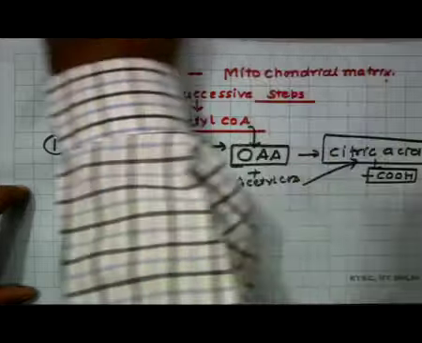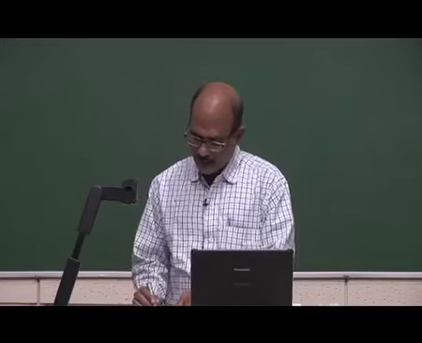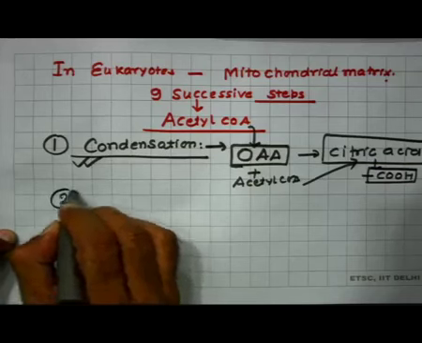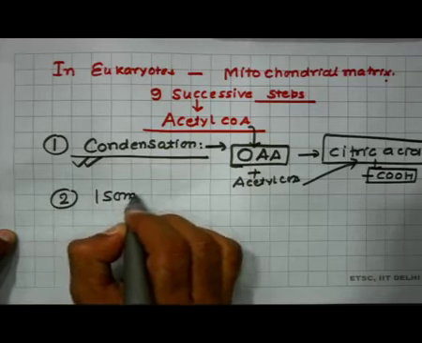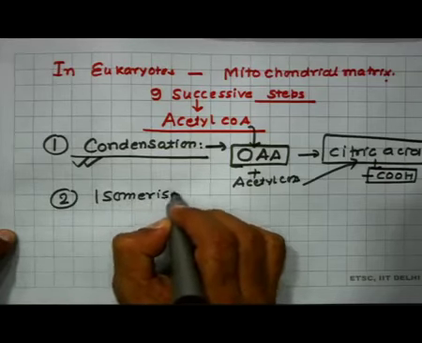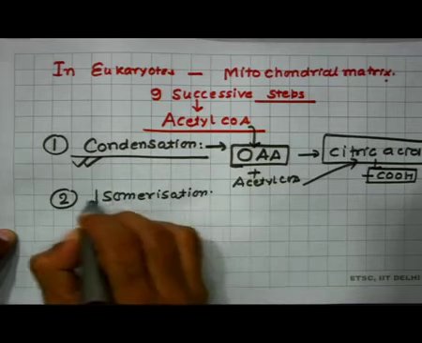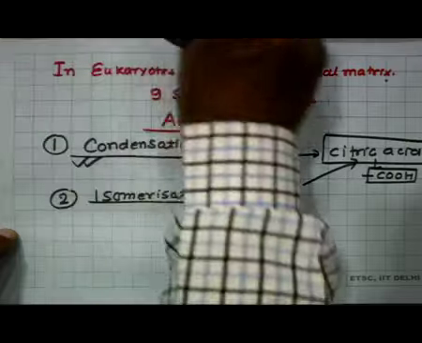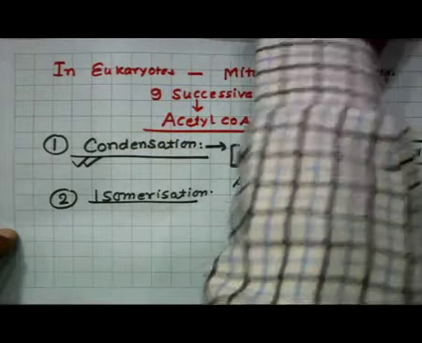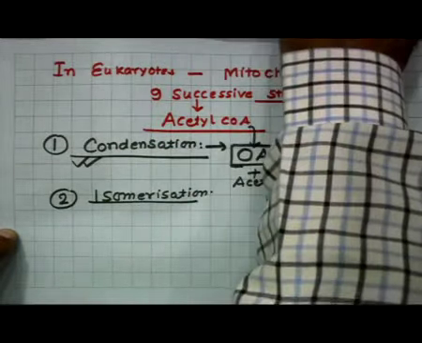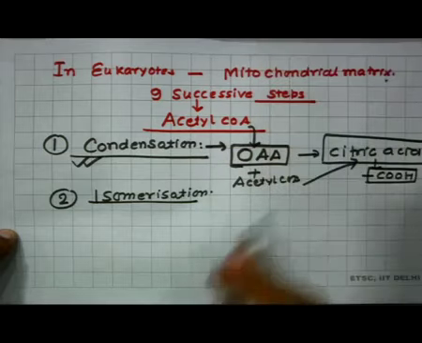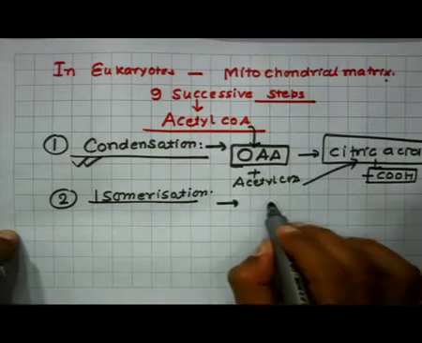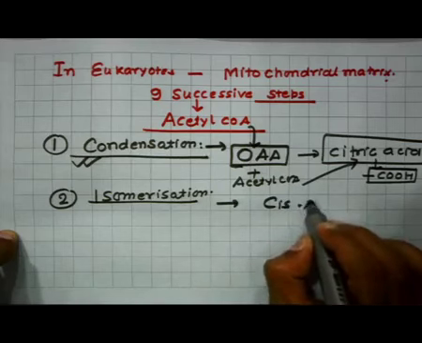Now, the second step in the Krebs cycle is isomerization. This citric acid finally forms isocitric acid with the help of the enzyme aconitase, and the intermediate product is called cis aconitic acid.